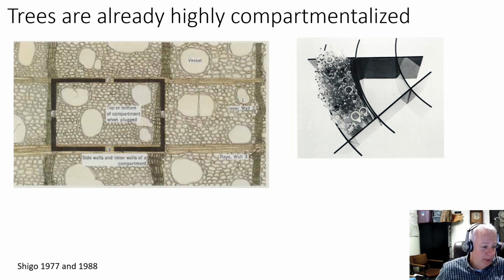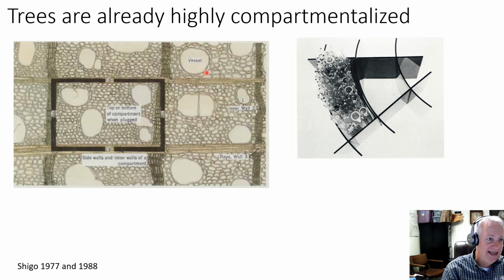The starting point for understanding CODIT is the idea that trees are already highly compartmentalized organisms. When you look at xylem in trees, you can already picture boxes. So this is a cross section of a piece of angiosperm wood, and a growth ring goes from here to here.